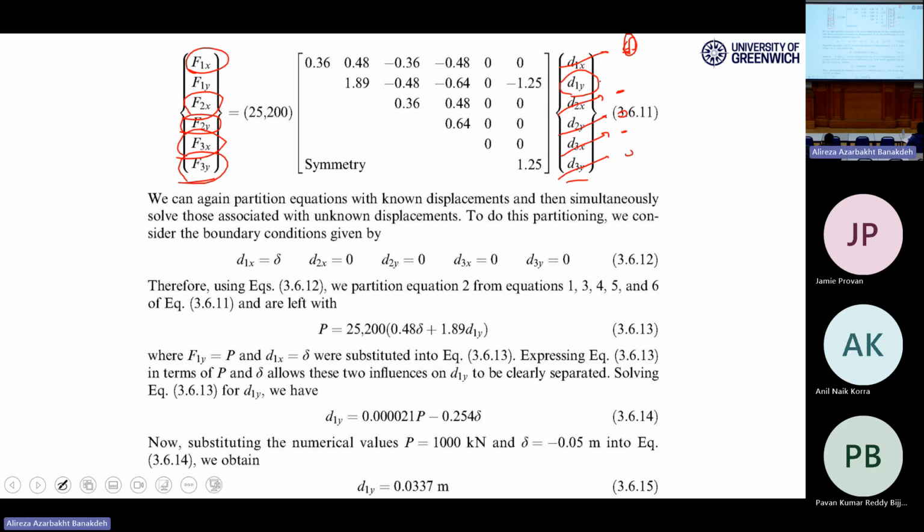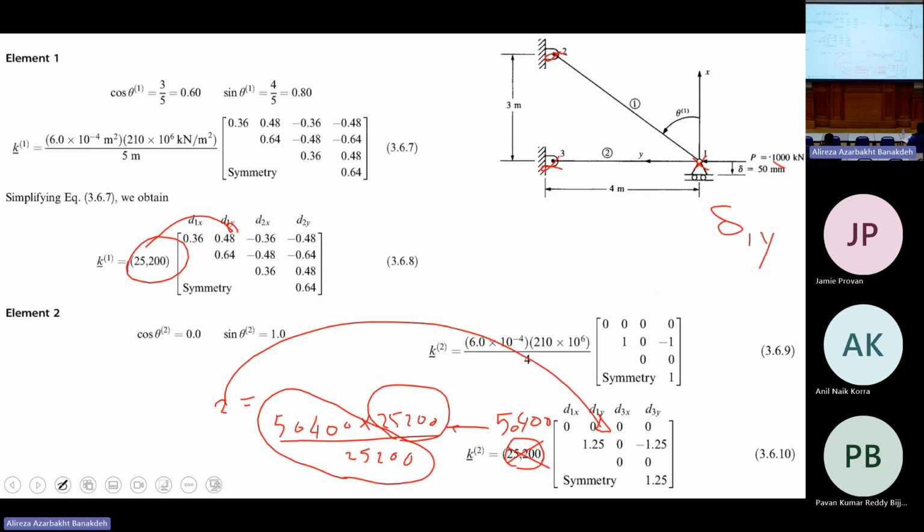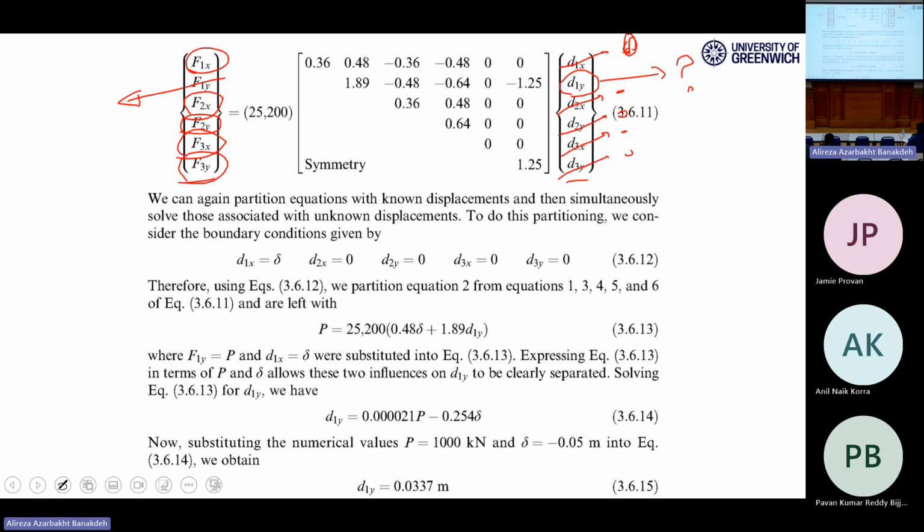And when you have delta 1y as unknown, the corresponding force here should be a sort of external force, because when you have unknown deformation, it means that the node is free to move. And if it's free to move, you can have some external forces, right? Which in this case is 1,000 kilonewton in the y direction, which means positive, right? So it's 1,000 kilonewton.